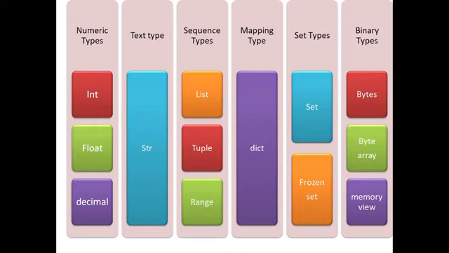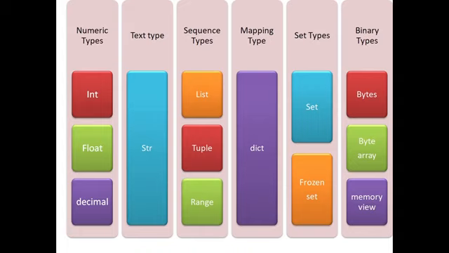So for example, let's take the numeric data types. The available numeric types are integer, float, and decimal. How these numeric data types are differentiated in Python, we will see in a few minutes. Then the text type being the string, and sequence types, for example, when I have a list of numbers, or a list of alphabets or names, when we need to handle sequence types of data.